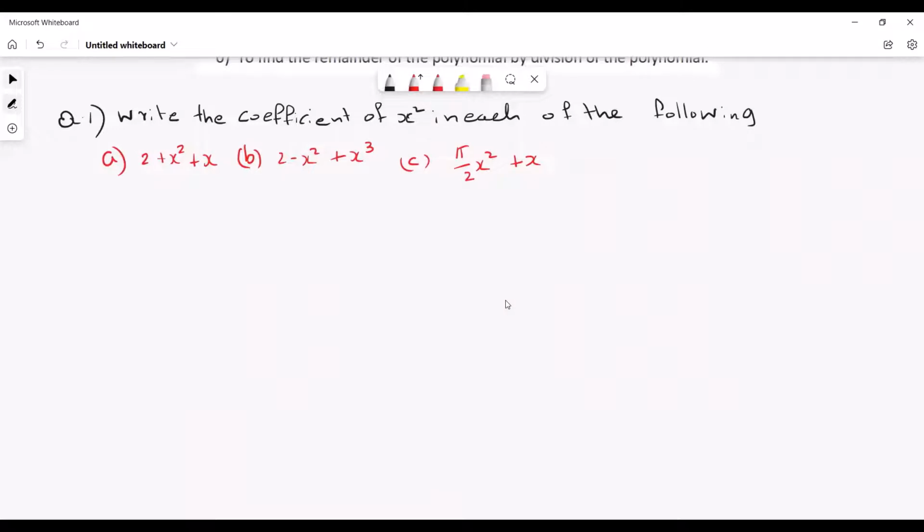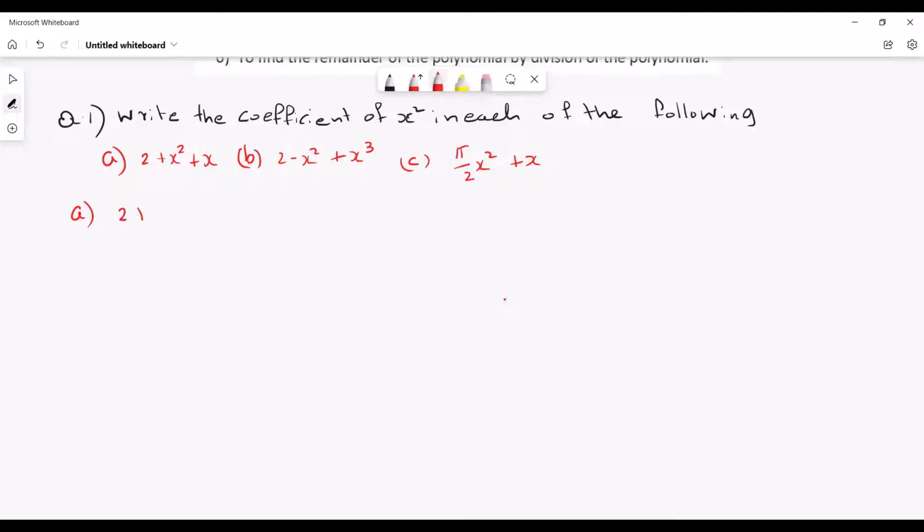Here in question 1, write the coefficient of x square in each of the following. Let us consider the first question, question number A. Here it is given 2 plus x square plus x. We have to find the coefficient of x square.